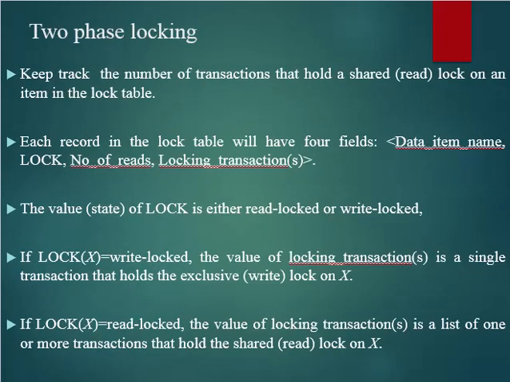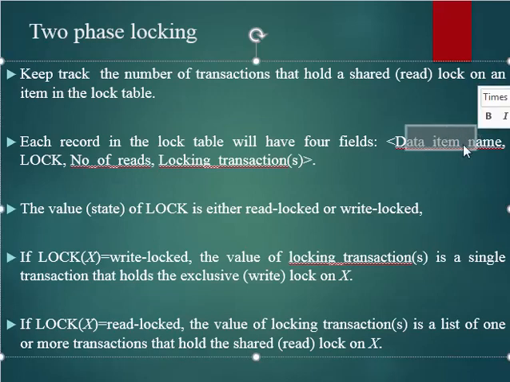In the two-phase locking mechanism, we use a locking table for keeping track of the lock information. The table contains different records, and each record says which data item, what type of lock is on that data item, and which transactions hold locks on that data item. So the record format is like this.